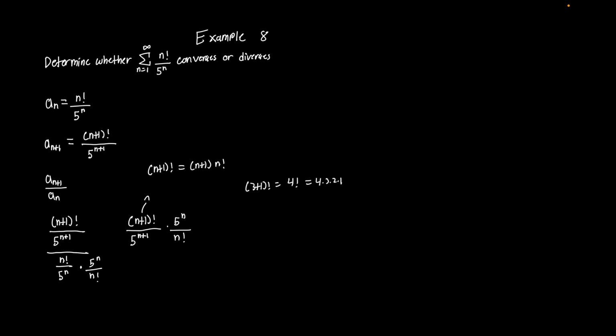However, when we simplify this to n plus 1 times n factorial, you're going to be like, what if that changes? So let's plug in a 3 again. 3 plus 1 is 4, so this is just 4 times 3 factorial. And in the first example, this is 4 times 3 times 2 times 1. You can also write this as 4 times 3 factorial. Why?